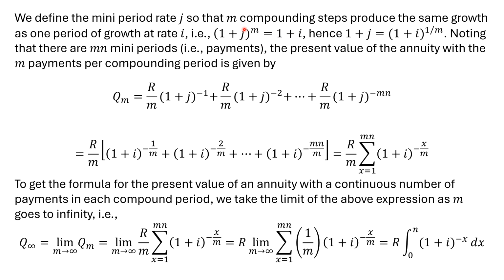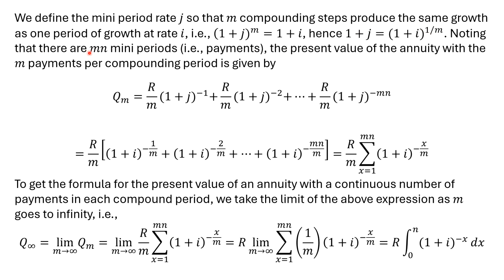So j is of course a smaller number, it's over a smaller period of time, but we want this effective rate to equal 1 plus I. We'll just take the 1 over m power on both sides, and we get this equation here, which we're going to need in a second.